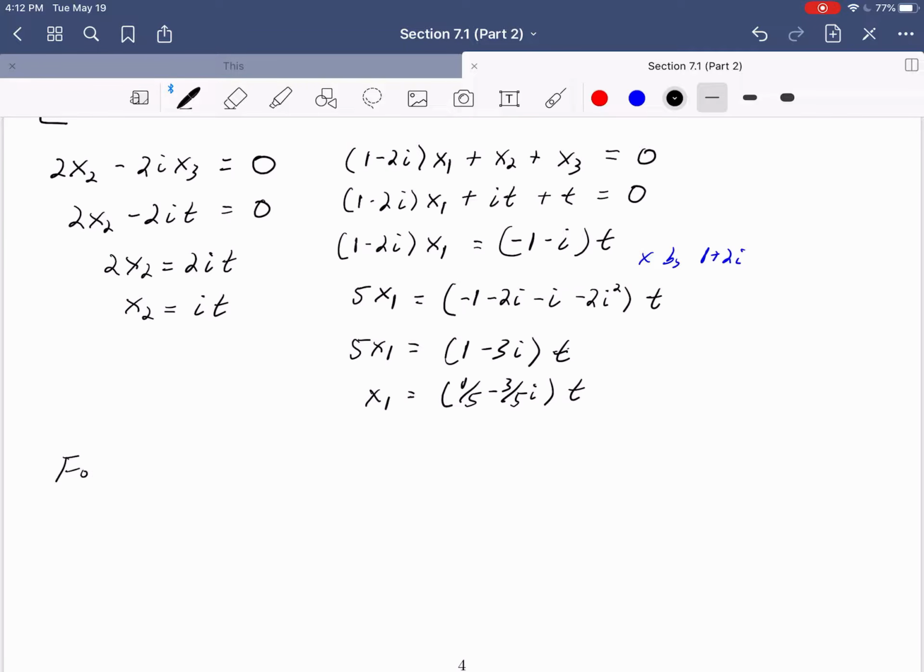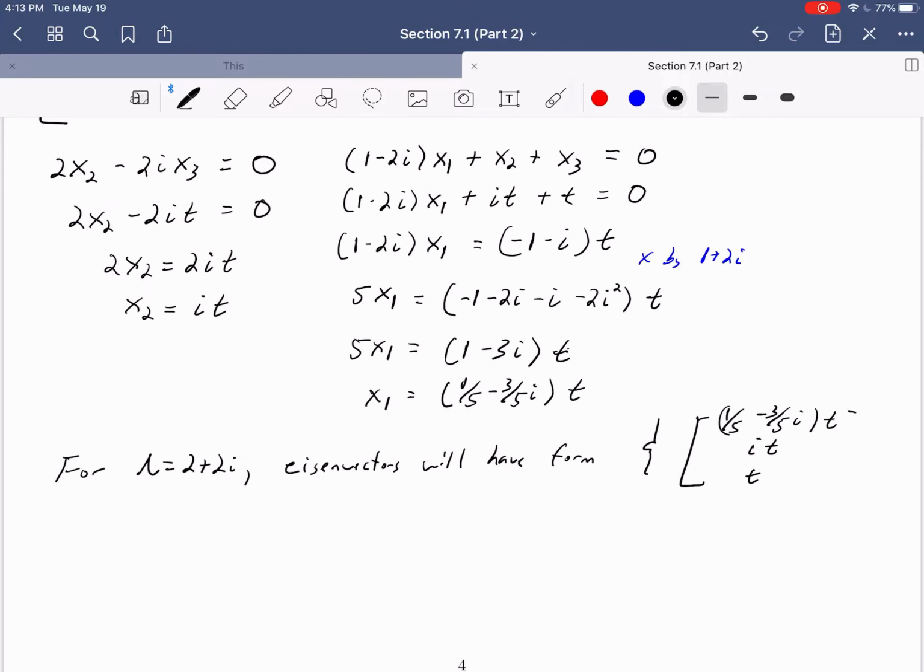So for lambda equals 2 plus 2i, eigenvectors will have the form 1/5 minus 3/5 i times t, it, and t.